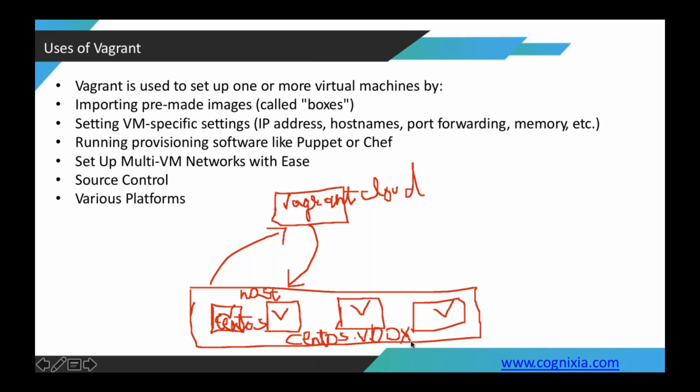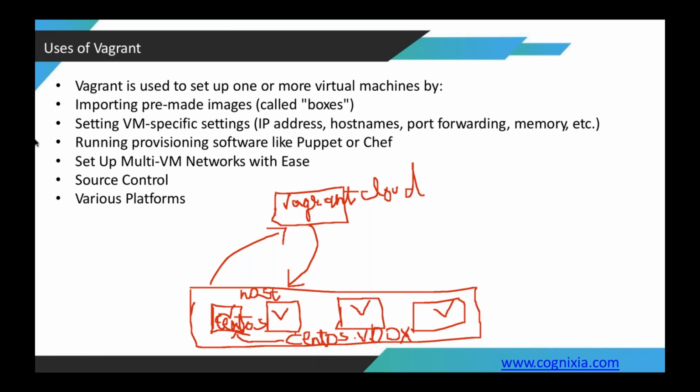This VBox stands for Vagrant box. Once it has this CentOS VBox image, it will go on creating this virtual machine, then this one and this one. Now, whenever you create a virtual machine, every time it will be able to create it from the CentOS VBox.